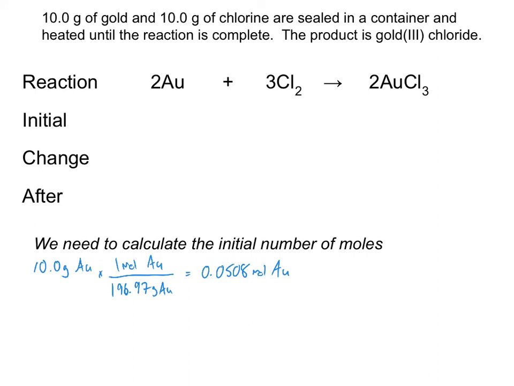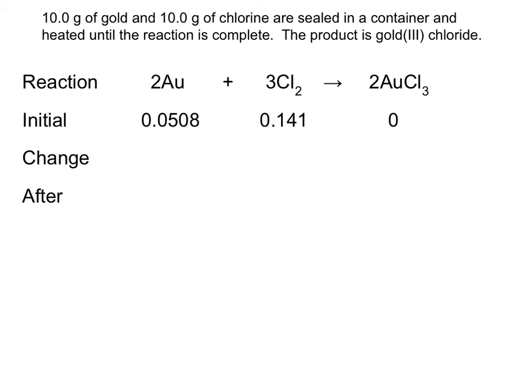For a starting amount of 0.0508 moles of gold and 0.141 moles of Cl2. And so we can fill those amounts in our table. And we know that we're starting with an initial amount of 0 for our product, our gold 3 chloride.